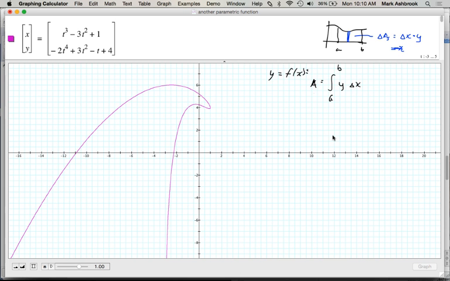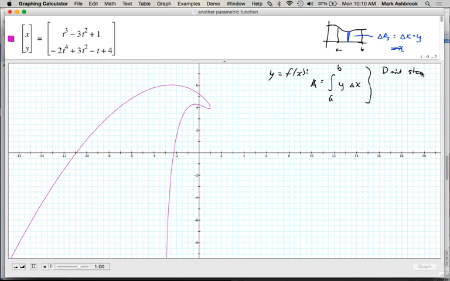Okay, so now if we want to come up with area, get some area calculations, but we have a parametric function, we're actually going to use the exact same thing. This is going to be our starting point. We're not going to start over and redo this. We're going to use this as our starting point, and we're just going to convert this into the variable t. So don't start over.